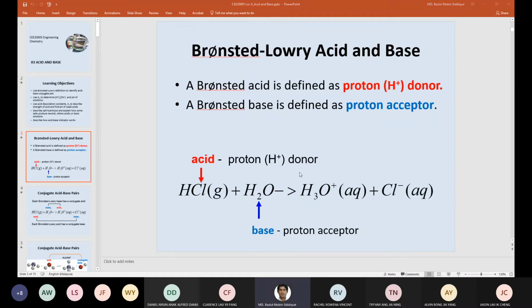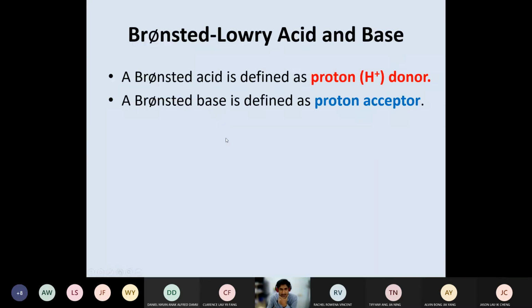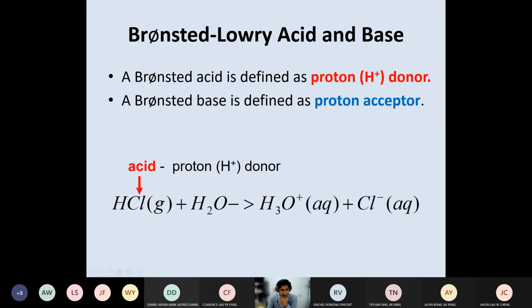Okay, I'm back here, as you can see. So this is an acid, HCl, because it is donating the hydrogen ion, and the water, in this case, is taking that hydrogen ion from this HCl. So in this case, water is the base. It's acting as a base.